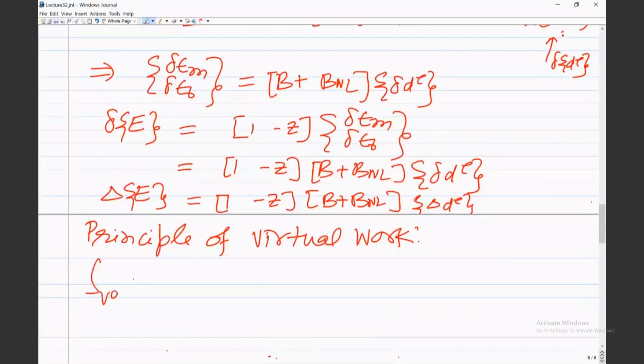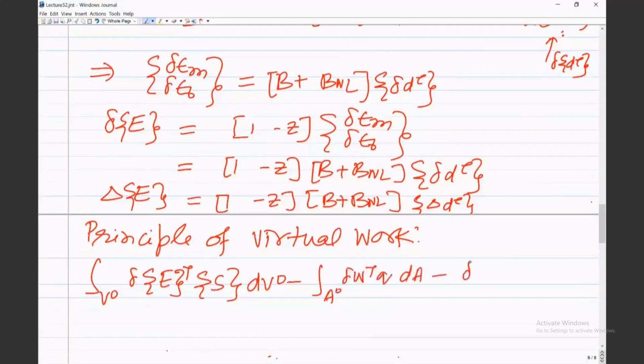So the integration over the reference volume of delta E transpose into S, and both E and S have three components, dV naught, minus the integration over the reference area A naught of delta W transpose Q into dA, and there would be an internal load vector, which I'm just writing as delta D transpose into F internal for the element. So this is equal to 0.